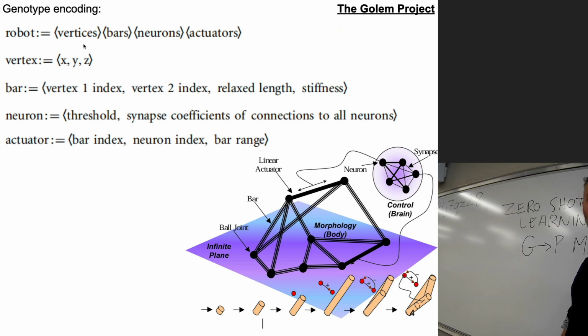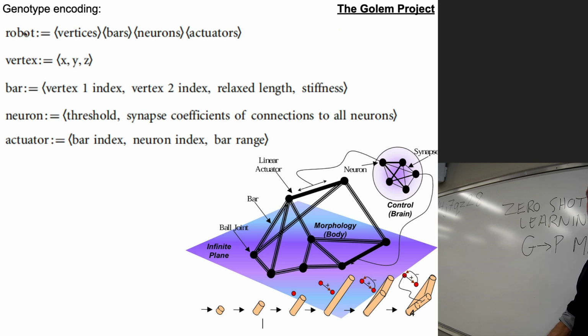If a mutation adds a 9th coordinate to this list, that mutation is in effect adding a new node to this robot. If a mutation knocks out or removes a set of coordinates from this list, and in the child, the vertices list is now of length 7, that mutation is in effect deleting one of the vertices in this robot.